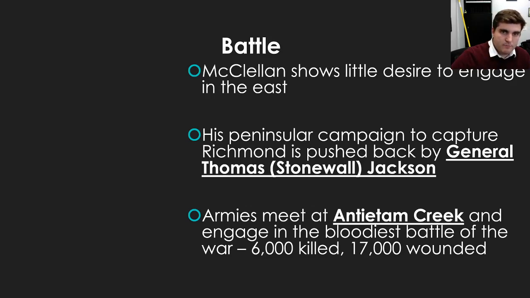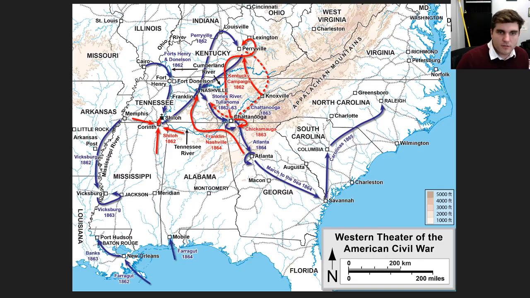General McClellan generally showed little desire to engage the Southerners in the East, and his peninsular campaign to capture Richmond, Virginia, was repelled by General Thomas Stonewall Jackson.